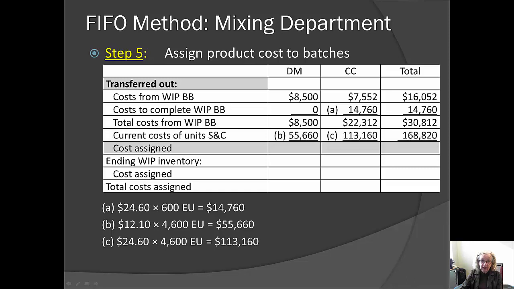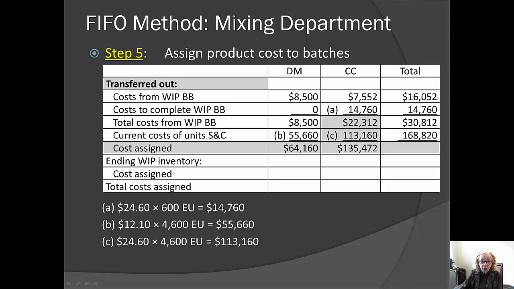Now we can determine how much cost to assign to the units that got finished and were transferred out by adding up the cost for materials in both the units that were started last period and finished this period, and in the units that were started and completed this period. We can do the same thing for conversion costs.